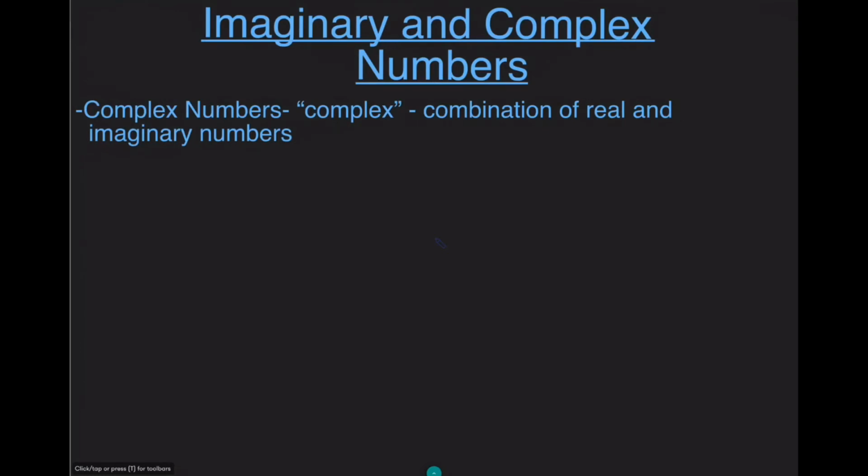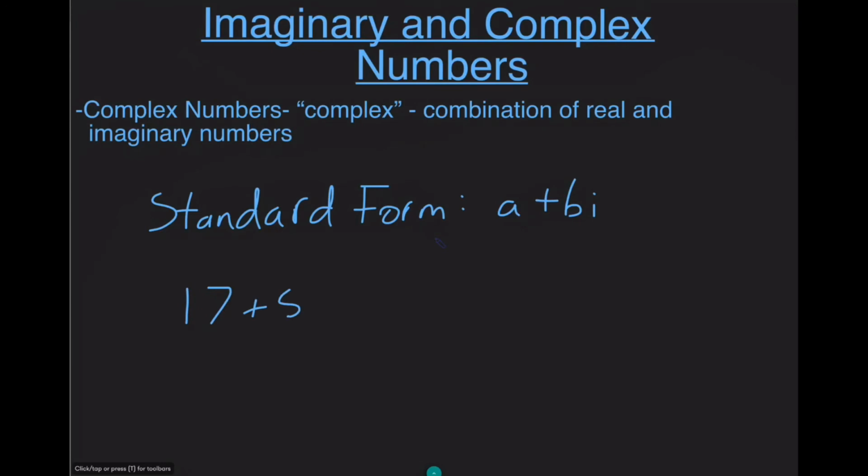Complex numbers are a combination of real and imaginary numbers. They're complex. The standard form for complex numbers is a plus bi. So some examples of complex numbers are 17 plus 5i, 25, and -8i.